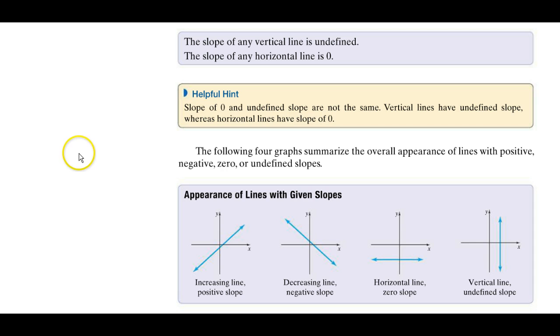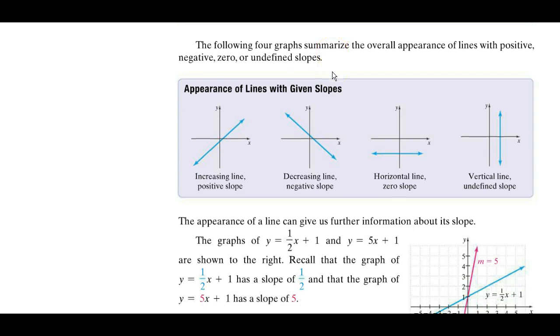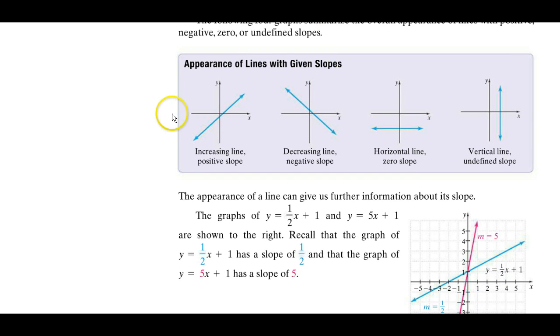So now a couple of review items that would go into your notes very well. The slope of any vertical line is undefined. The slope of any horizontal line is 0. And here's a little summation of some general characteristics of slope.